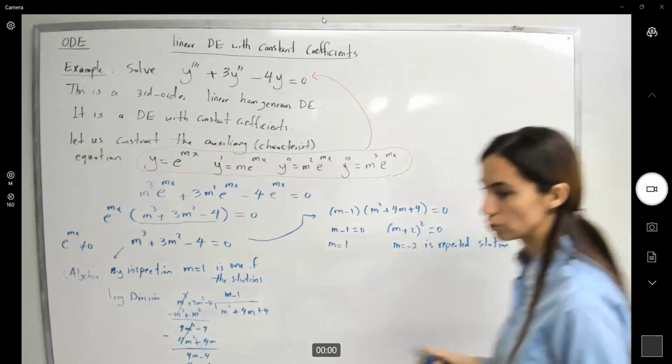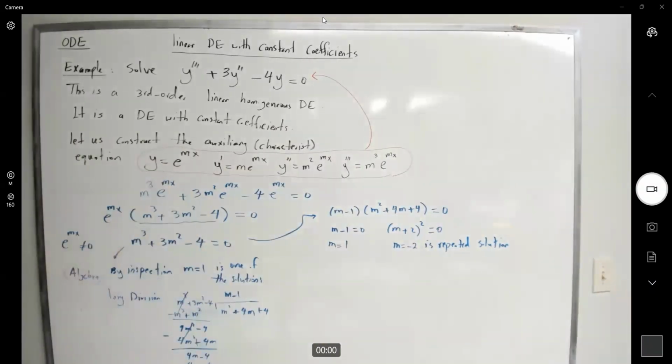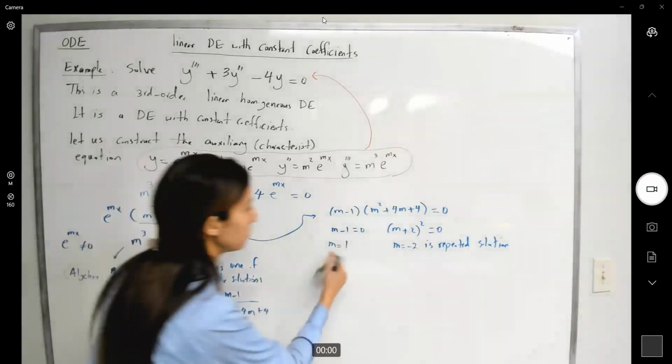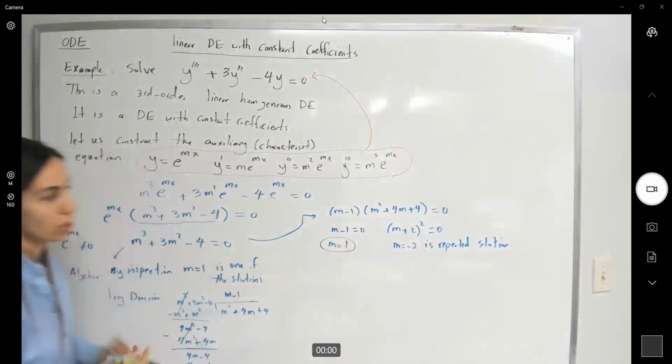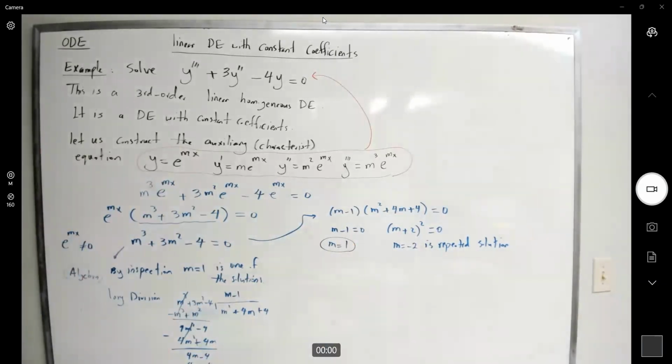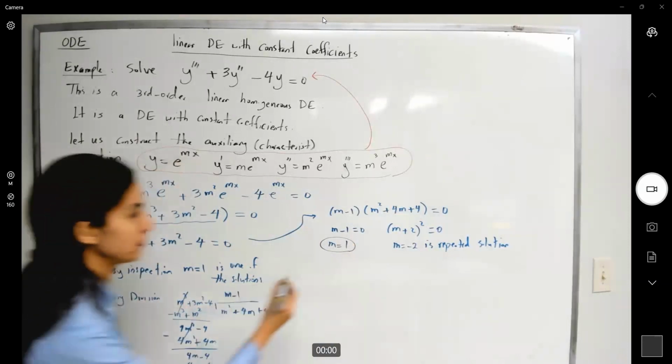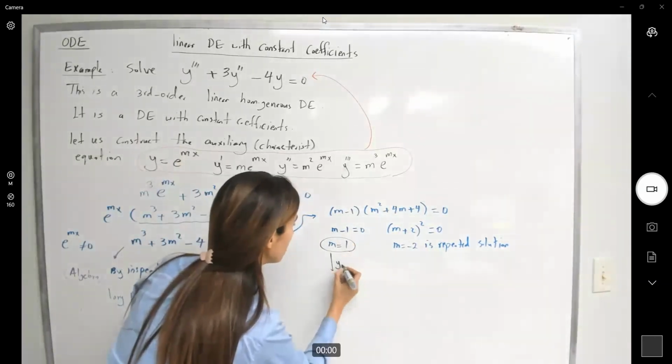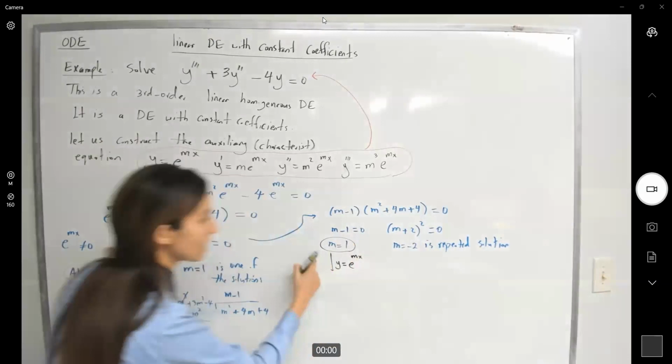So what are we going to do? We're going to start writing the solution. m equals 1 gives us e to power 1x.